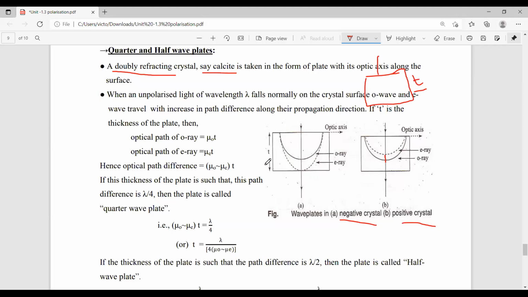Similarly, when the O ray travels through this calcite crystal, how much length it travels is equivalent to the thickness. So actually, the path traveled by the O ray is the thickness.